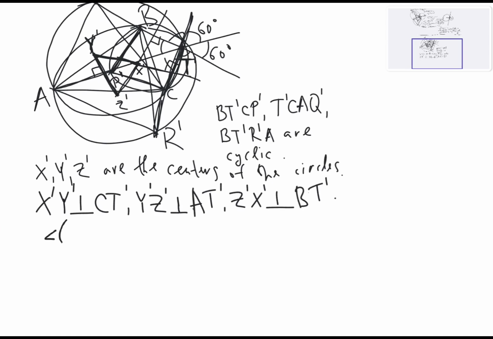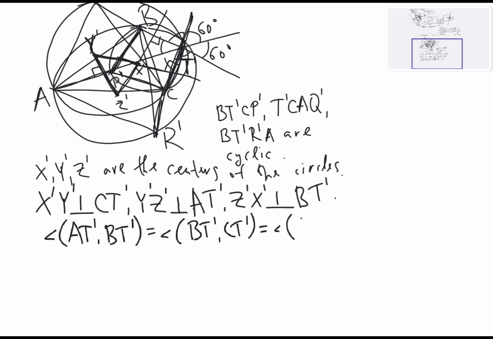And as already mentioned, the angle between the lines AT prime and BT prime is equal to the angle between BT prime and CT prime, and the angle between CT prime and AT prime, all of them are equal to 60 degrees.